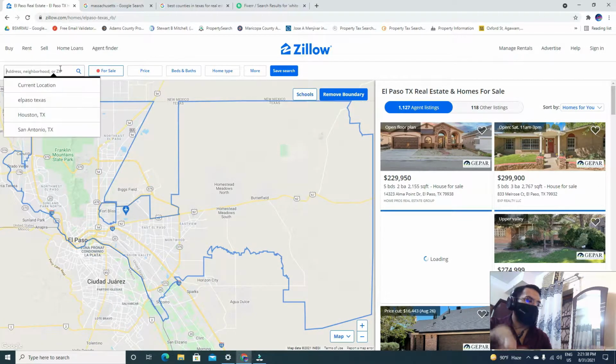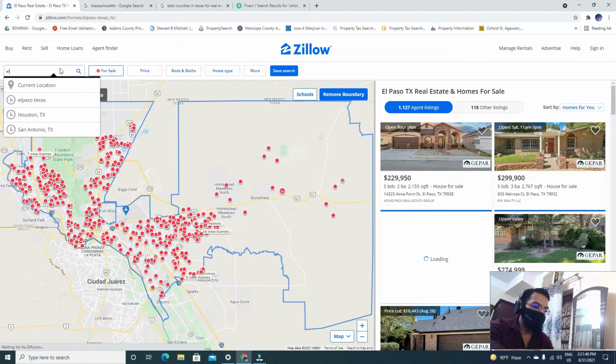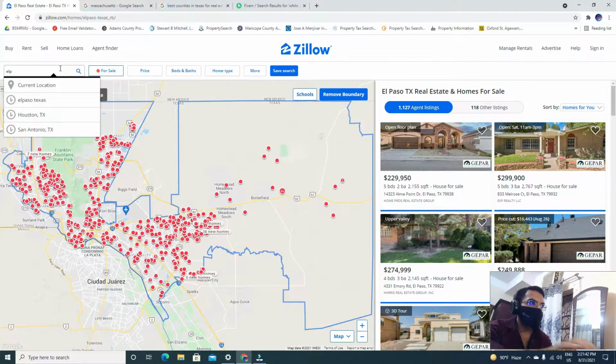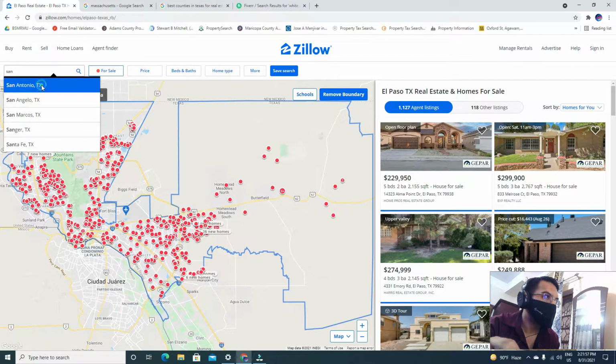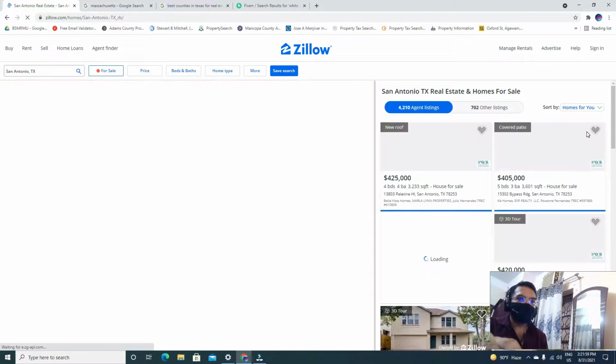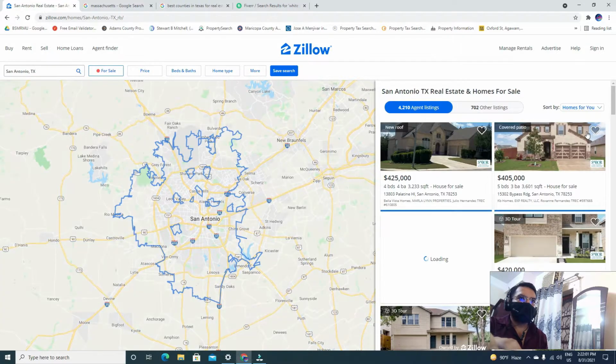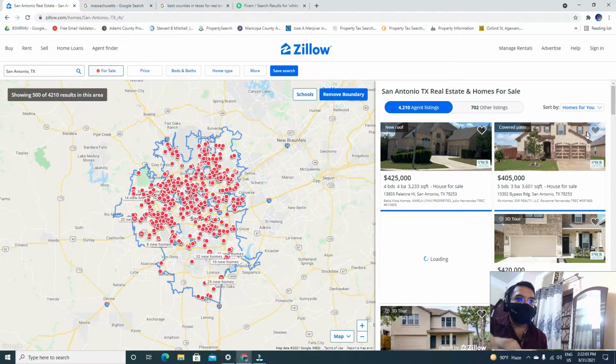Or let's write San Antonio, Texas. And here you go again, San Antonio, Texas.